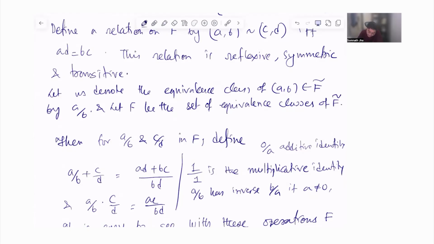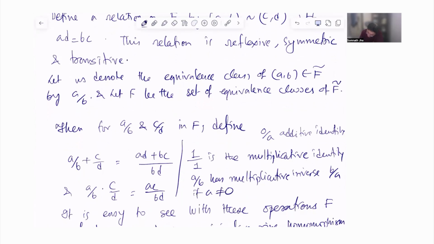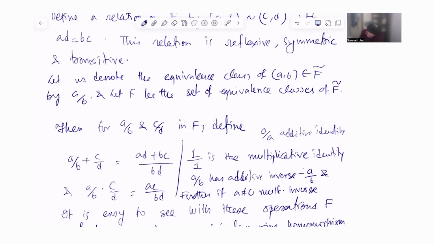So maybe I should first say about the additive inverse. a by b has additive inverse minus a by b, and further, if a is not equal to 0, it has multiplicative inverse b by a.